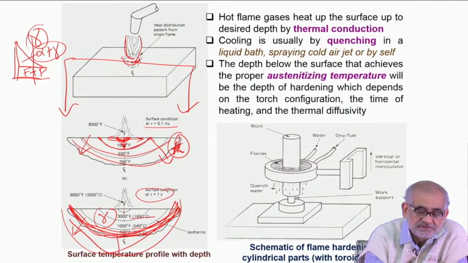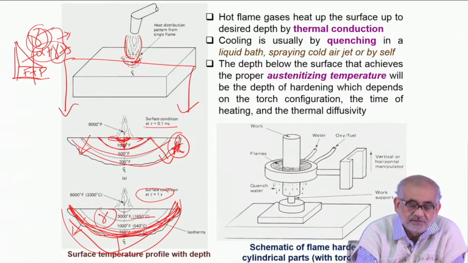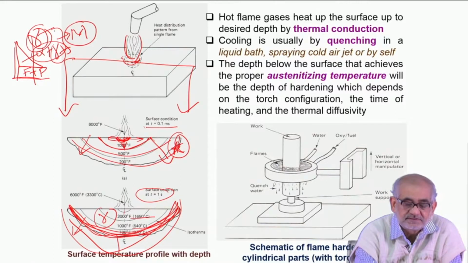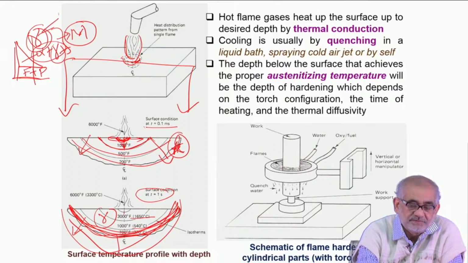The pure gamma portion, and the portion which is partly ferrite and partly austenite, these two regions having austenite will directly convert into martensite. So we are going to see fully martensitic and ferrite plus martensite combination.